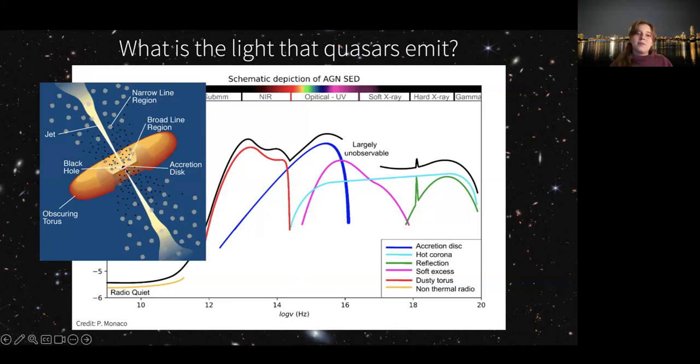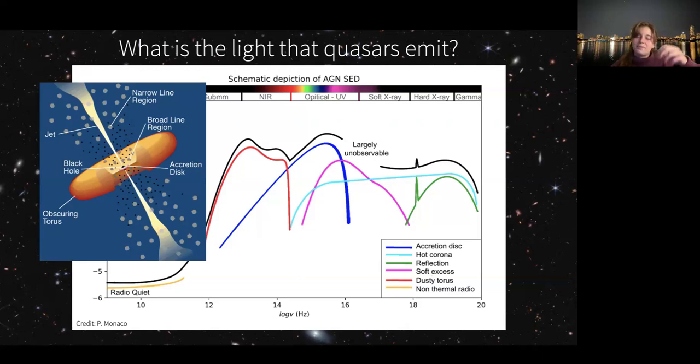The thermal radiation from the accretion disk should be isotropic, but there could be obscuring material. If you look at it from very far, you might not see isotropic radiation, because dust or other clouds could be blocking that radiation.